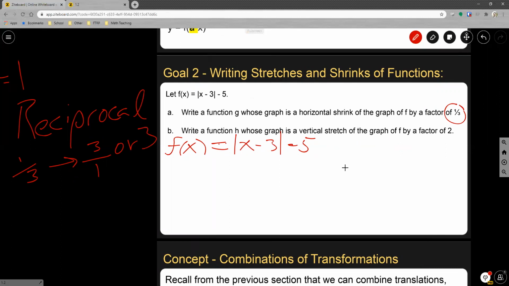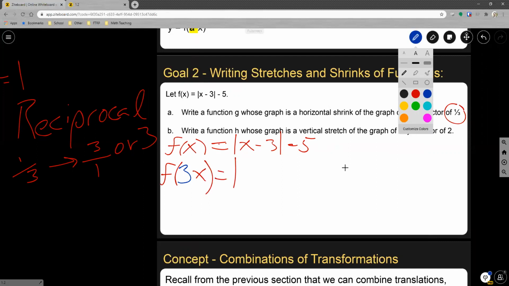So if I want to do a horizontal shrink on this function, I'm going to multiply the input by that reciprocal, which is 3. And I'm going to apply that 3 everywhere that the input shows up. There's only one spot the input shows up.